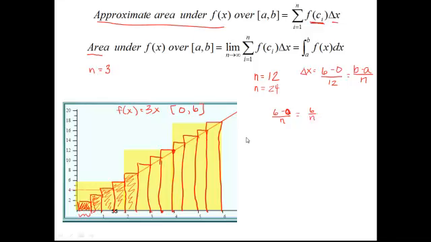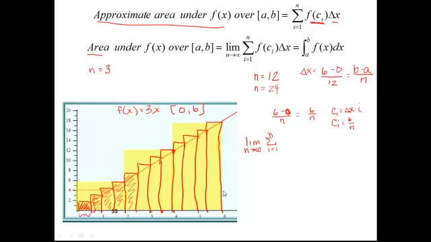Okay, so here I go. I have the limit as n approaches infinity of the sum, i equals 1 up until n, of f of, and here I am just going to use my right hand sides of these rectangles. So I'm going to let c sub i equal my delta x times i. This is a little bit confusing, but my delta x, what I've determined it to be, is 6 over n.